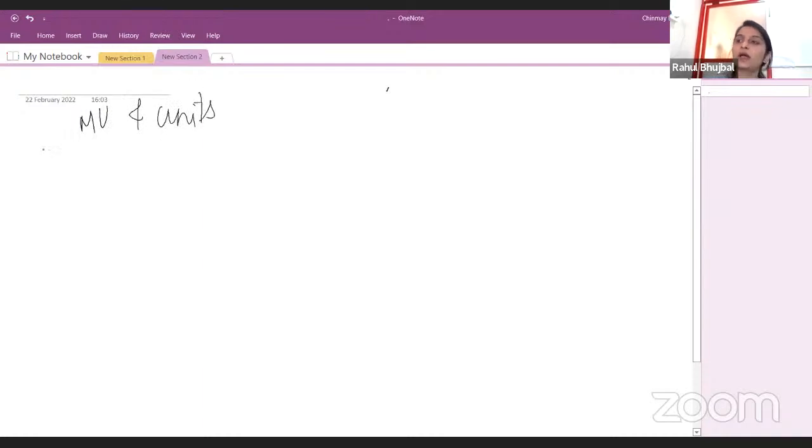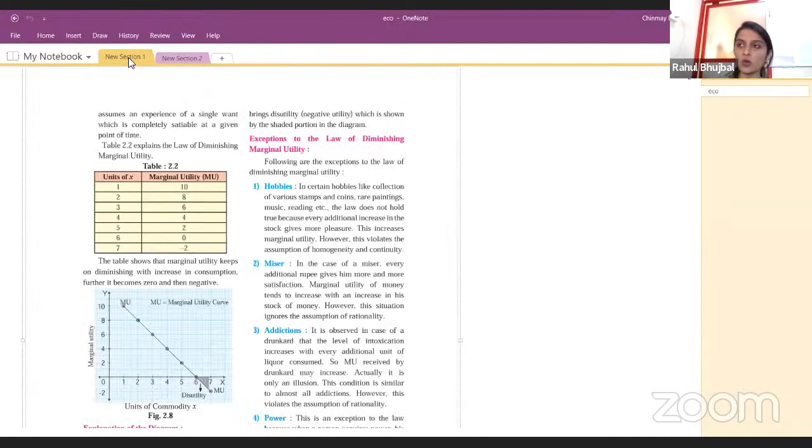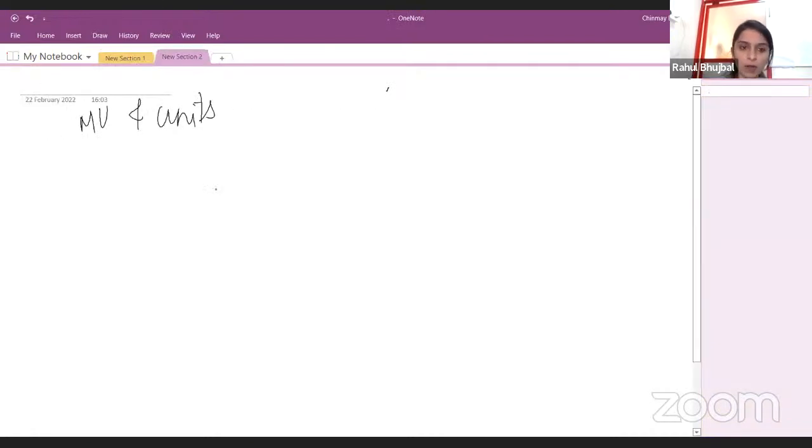In the introduction you will write that this law was firstly introduced by whom? Gossen. Initially this law was explained by Gossen, and later it was explained in detail by Alfred Marshall. So what does Alfred Marshall say?